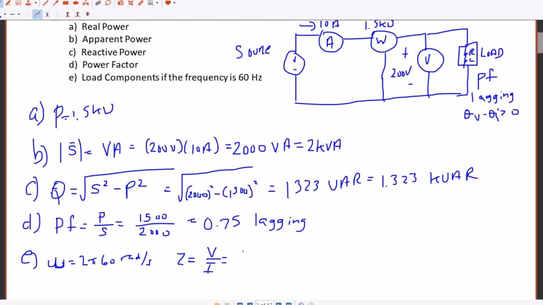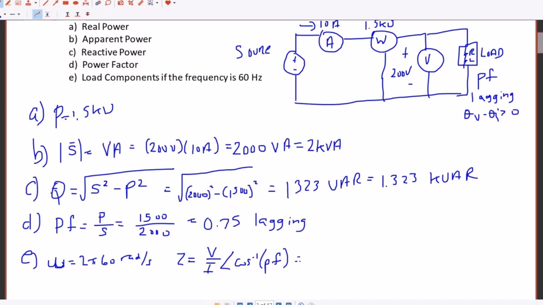So this is magnitude because we don't know the phase angle yet, although I could get the phase angle. You know what? Let's go ahead and do the phase angle. We know the phase angle is going to be the arc cosine of the power factor. So Z is going to equal V over I, where the angle is the arc cosine of the power factor.